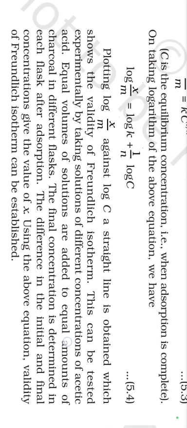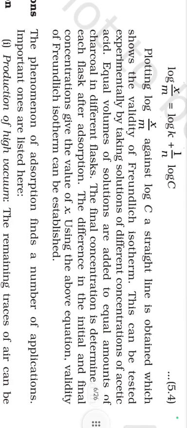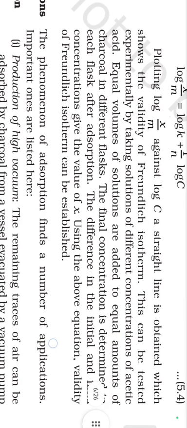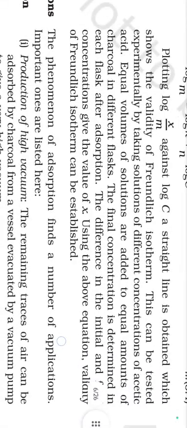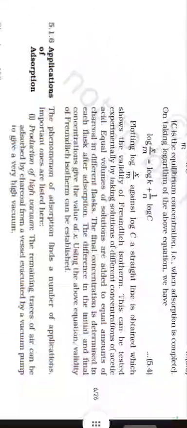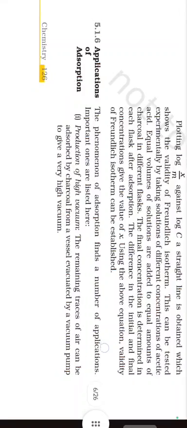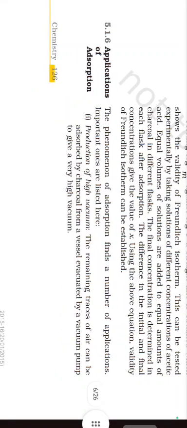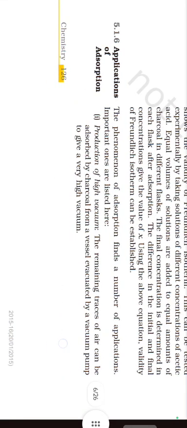On taking logarithm of the above equation, we have log x upon m is equal to log k plus 1 upon n into log c. Plotting log x upon m against log c, a straight line is obtained, which shows the validity of Freundlich isotherm.